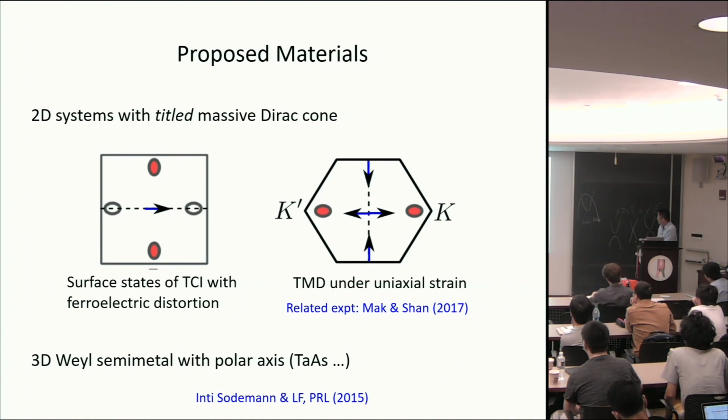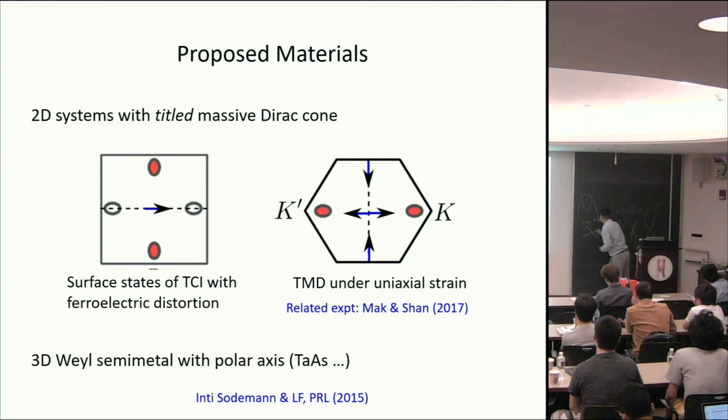So we realized that once we give the Dirac fermion a tilt, right? So instead of a symmetric dispersion, if we take a case of a tilted Dirac fermion, and then open up a gap, this would give you a barrier curvature dipole.